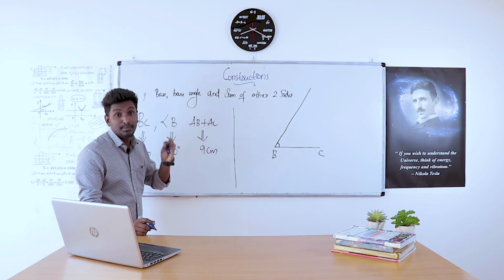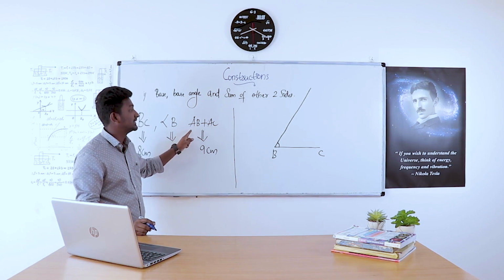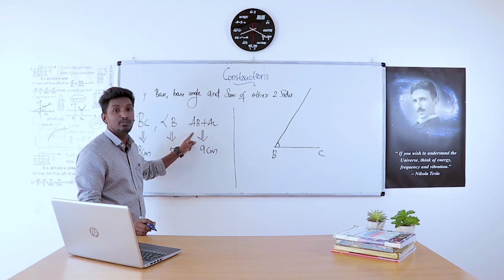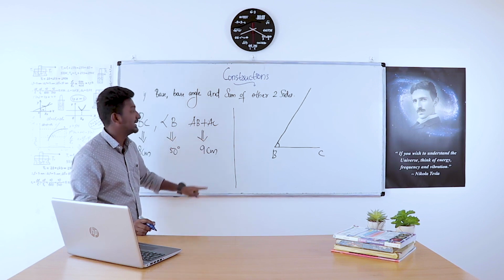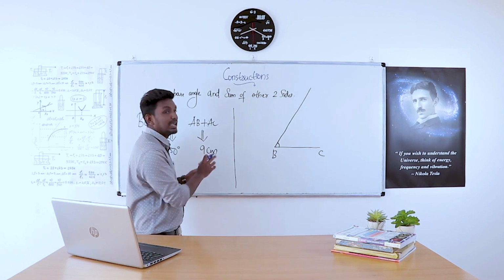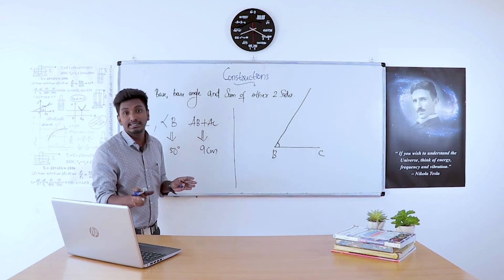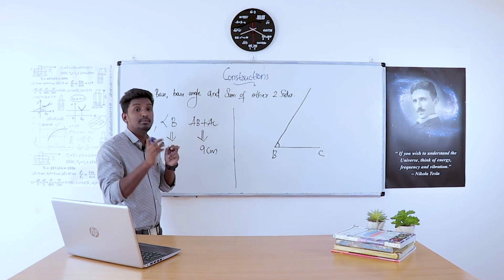Then step number 3 is, what is given as the sum of two sides? AB plus AC. Just take your compass, and if it is 9 centimeters, take 9 centimeters in the compass. If it is 10 centimeters, take 10; if it is 15 centimeters, take 15.